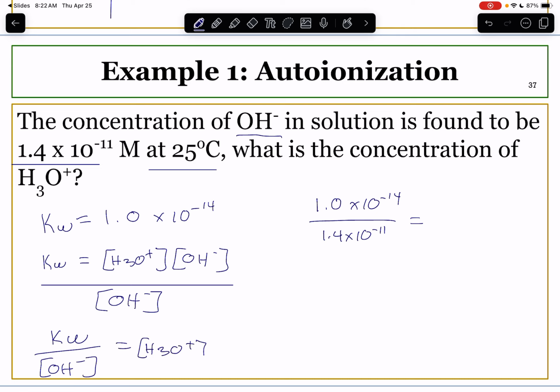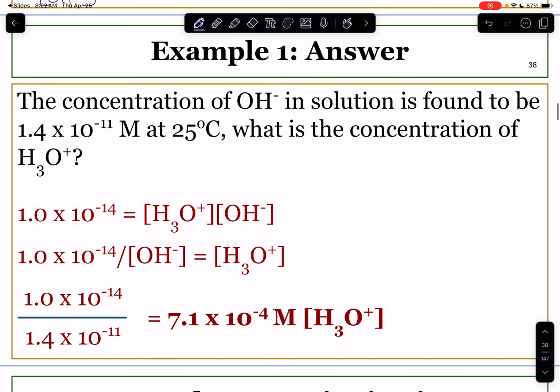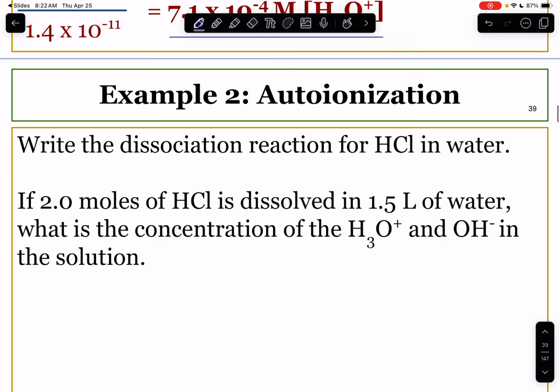So if you pull out your calculator, go ahead and solve this, and make sure you type this in your calculator with parentheses in the denominator, because your calculator takes the multiplication symbol as a separate order of operation. So if you don't have parentheses, it messes the answer up. So pause and see if you can get the correct answer here. All right, so the answer is 7.1 times 10 to the negative 4 molarity, and that is the H3O plus concentration in this solution.